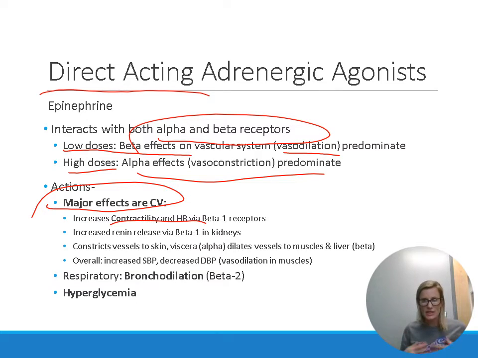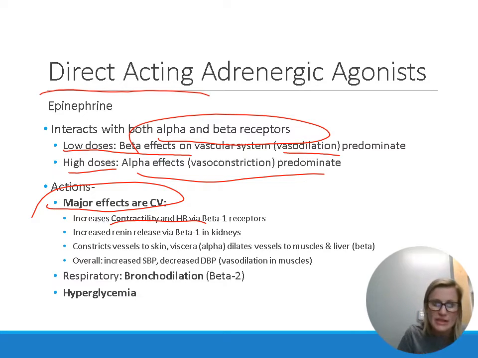Think chronicity, like chronic, that's time, right? So increasing how many times your heart beats is a positive chronotrope. Increasing the force of contraction is called a positive inotrope. So epinephrine is both. It increases heart rate and contractility, which means that it increases cardiac output and blood pressure.